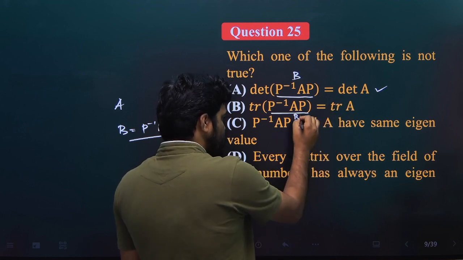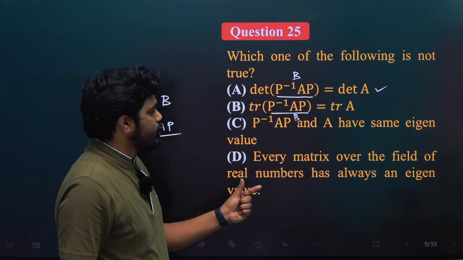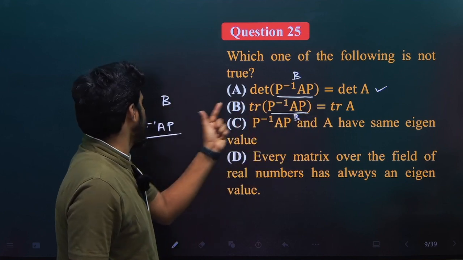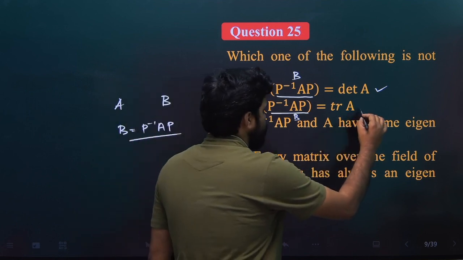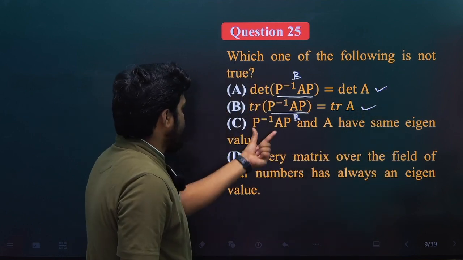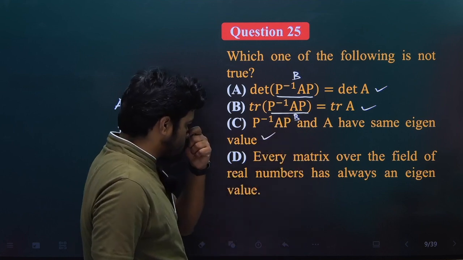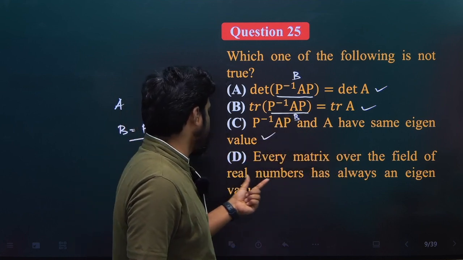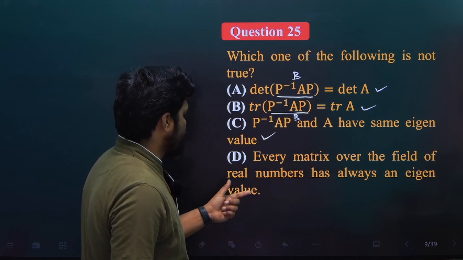A is similar to B if there exists a non-singular matrix P such that B is equal to P inverse AP. So this option is also true. P inverse AP and A have the same eigenvalues, that is also true. Every matrix over the field of real numbers has always an eigenvalue.